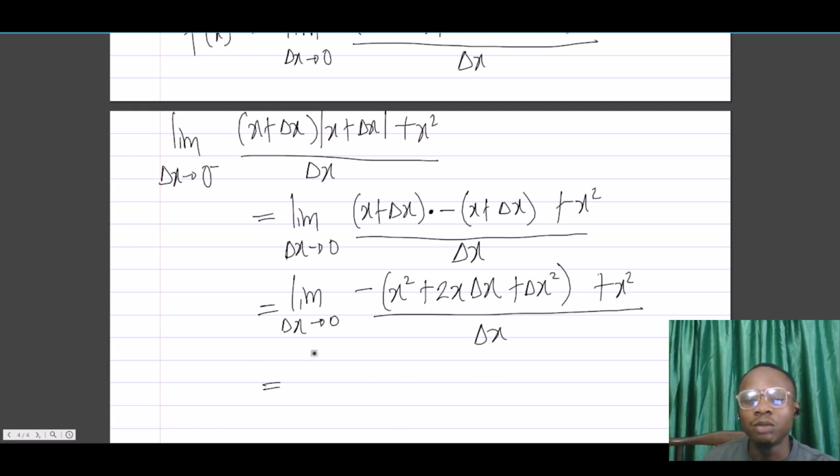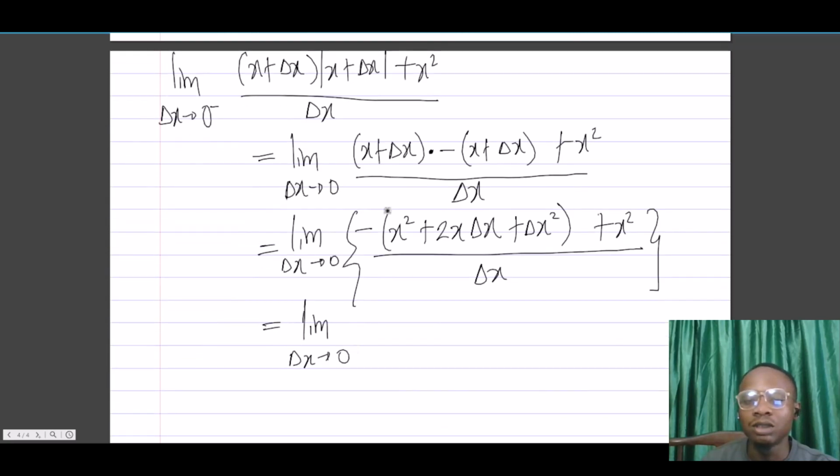So when we open up the bracket, this is equal to the limit as delta x approaches 0 of, we know this is minus of x squared, so it will cancel off this plus x squared, and what we have left by the time we divide by delta x is minus of 2x, because 2x delta x divided by delta x gives us 2x left. And this will be minus, since minus is outside it affects everything here, minus of delta x whole squared divided by delta x, that will give us delta x.